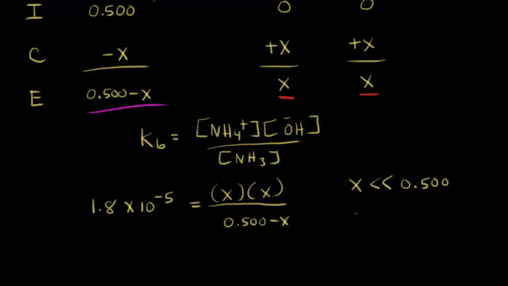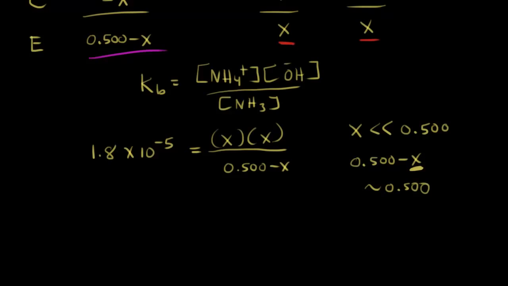And if we make this assumption, then 0.500 minus X, if X is extremely small, this is pretty much the same thing as 0.500. So we're going to leave that out. Let's rewrite what we have here. We have 1.8 times 10 to the negative 5 is equal to X squared over 0.500.